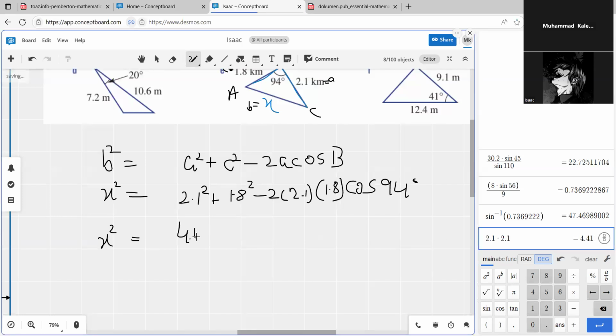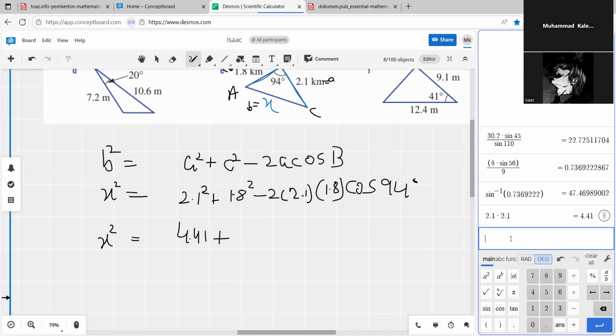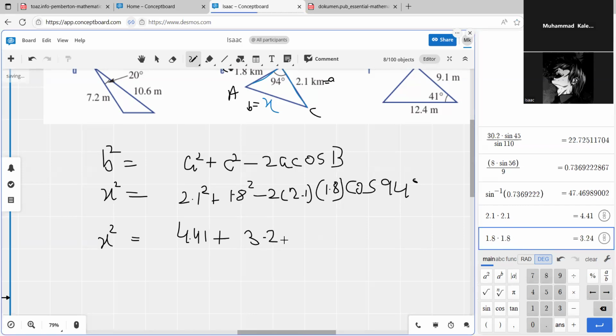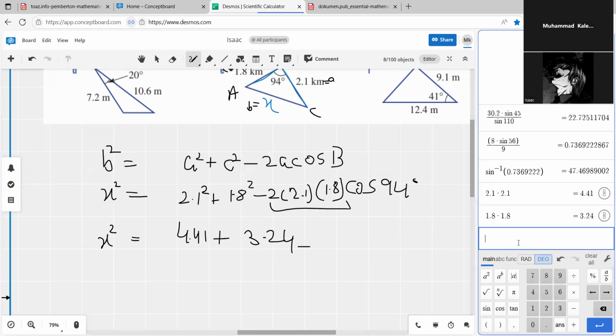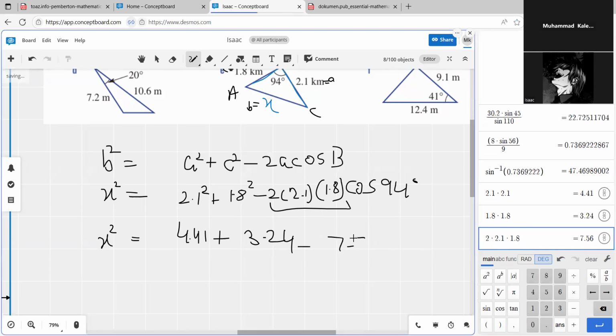You can even write all these things directly in the calculator. I will explain that way as well. So 1.8 times 1.8 will be 3.24, minus, what will be the answer of this? 2 multiplied with 2.1 and multiplied by 1.8, so it is minus 7.56, and cos 94.